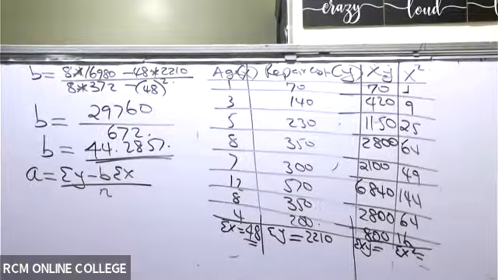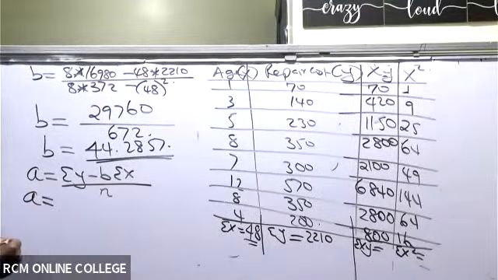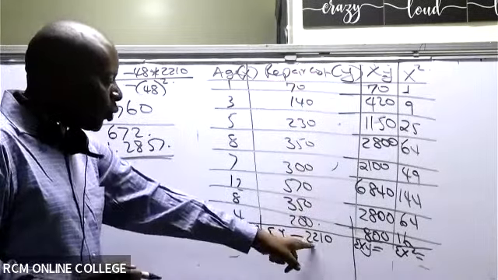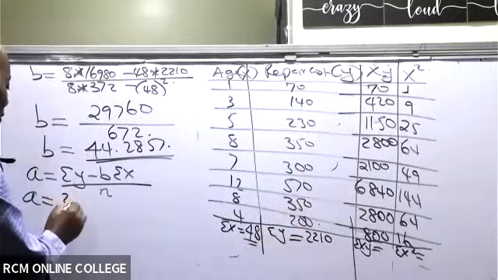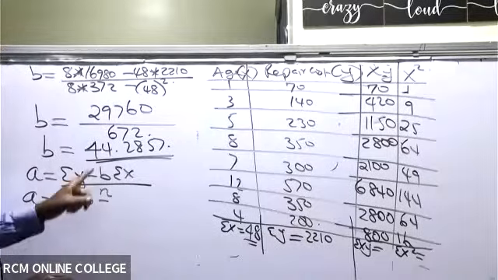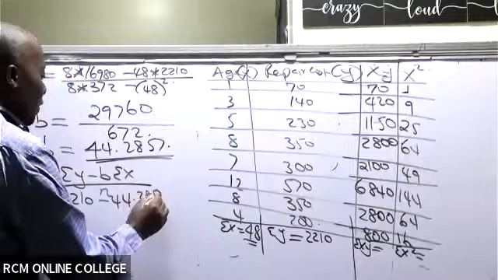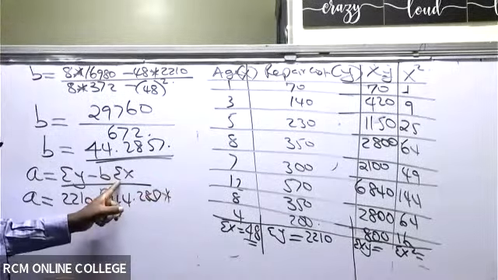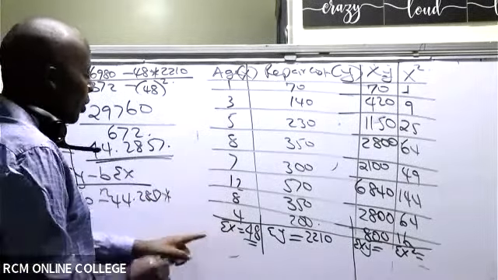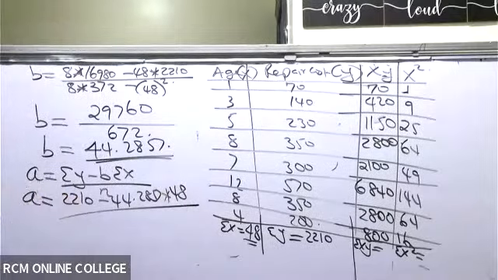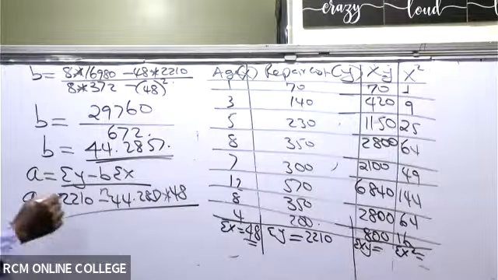Yes, we do. So A will be equal to summation of Y, which is 2210, minus B, which is 44.2857, times summation of X, which is 48, divided by our number of data points, which is 8.